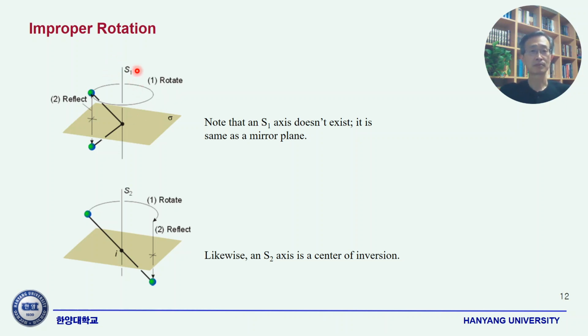S1 is not possible because S1 is a 360-degree rotation, the same position, followed by reflection, which is the same as sigma reflection. So S1 does not exist because it's the same as a mirror plane; we just use the mirror plane instead. S2 works the same way: C2 and reflect is the same as the inversion center. In that case, we use inversion symmetry, not an S2 improper axis.